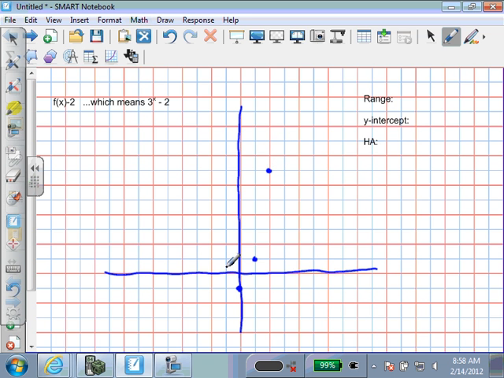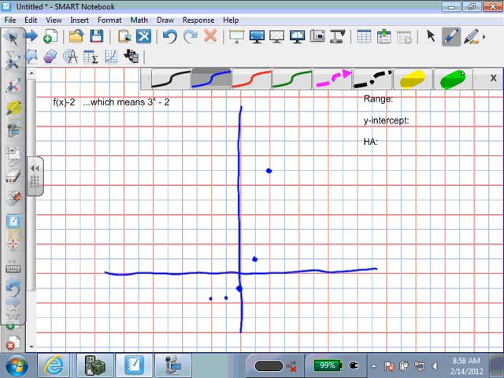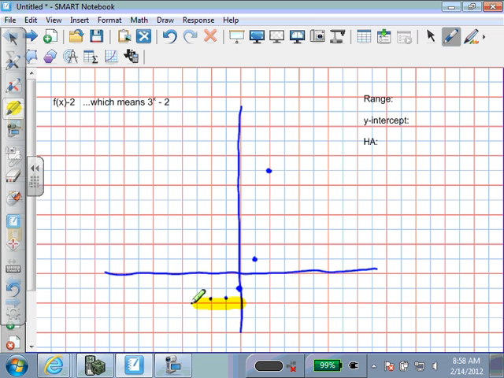Negative 1, 1/3 will move down 2. Negative 2, 1/9 will move down 2. And so will my asymptote, which was at 0. Now it's going to move down 2.